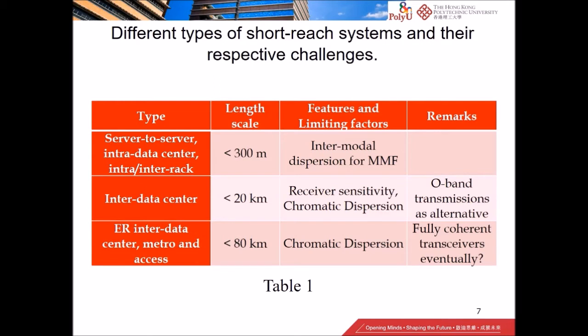And also dispersion, chromatic dispersion, can be a limiting factor. That's because for these sorts of distances, 10 kilometers, 20 kilometers, if your baud rate is high enough, you will still undergo the effect of CD.